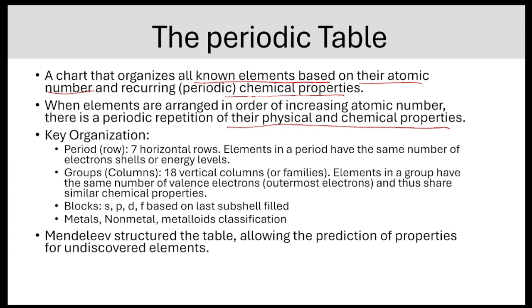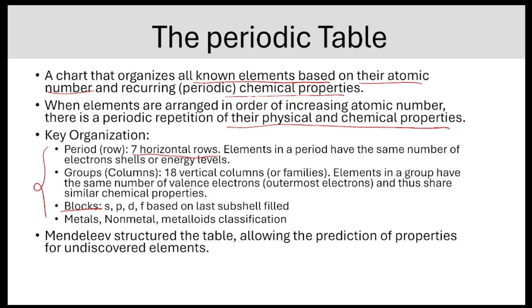The key arrangement of a periodic table are periods, groups, and blocks. In a periodic table there are 7 rows.